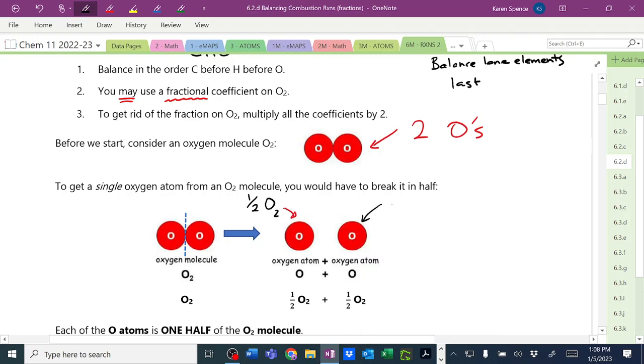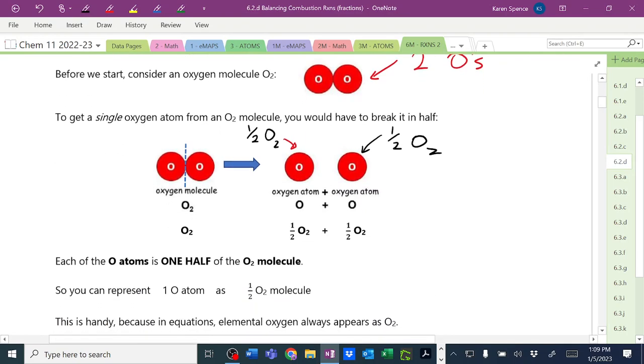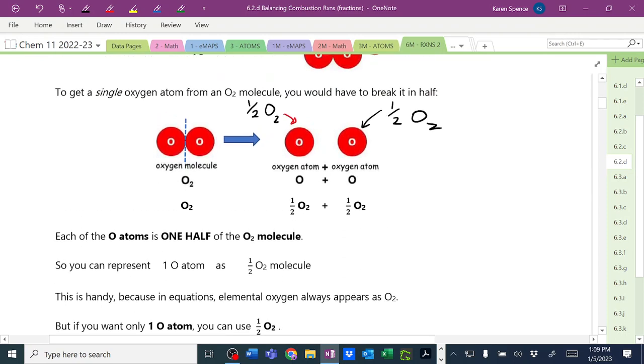And that right there, that is a half of an O2. So this is going to allow us to have an odd number of oxygens by just using O2, okay? So you can say one oxygen atom is a half of an O2.